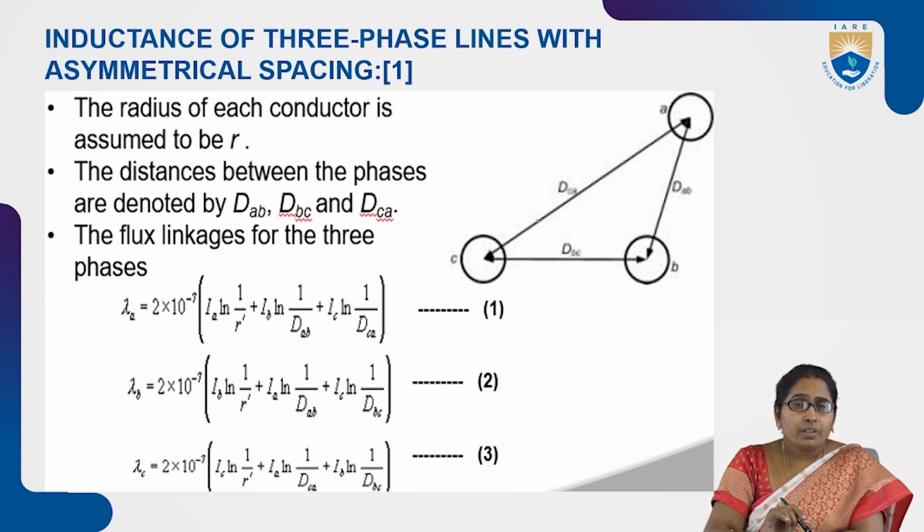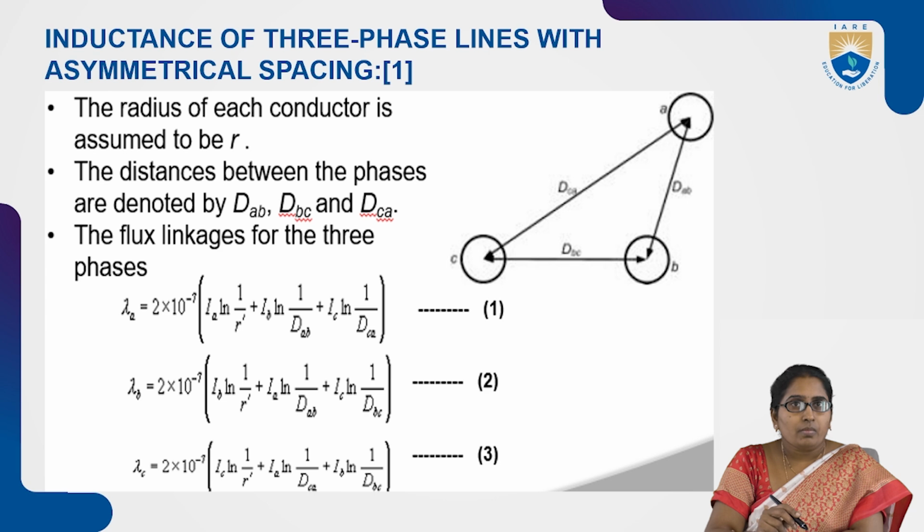The radius of each conductor is the same, which is taken as r. The distances between the three phases are given in sequence: DAB, DBC, DCA.